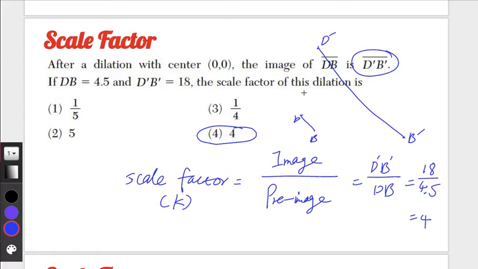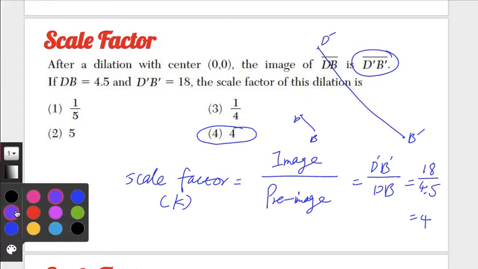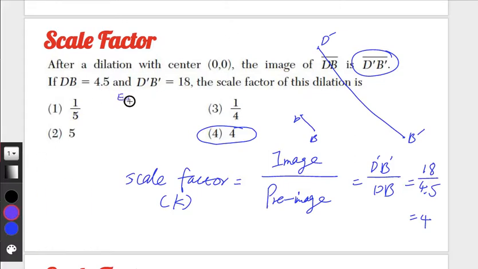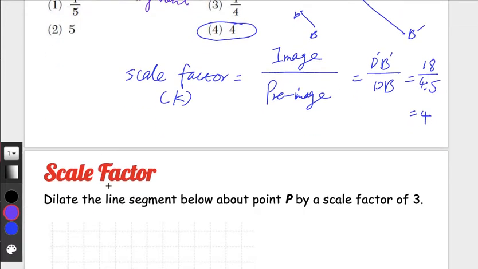Clearly it is an enlargement because it's getting bigger. Okay, so now let's check a different example.